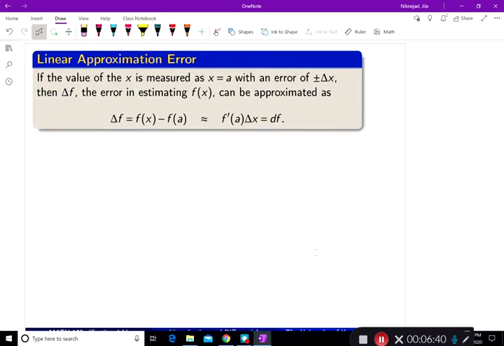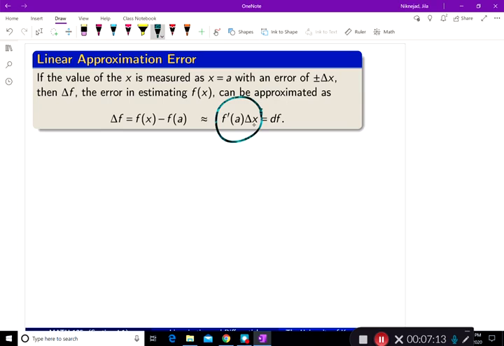So one more time, repeating the same thing. Linear approximation error: if the value of x is measured at x equal to a with an error of plus minus delta x, then delta f, the error in estimating f of x, can be approximated by delta f equal to f of x minus f of a, approximated by f prime of a delta x.